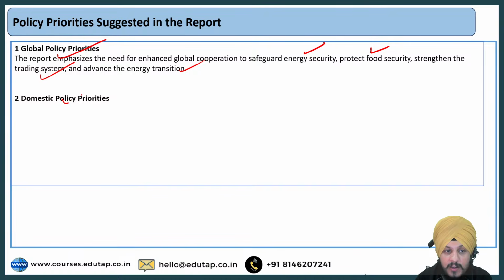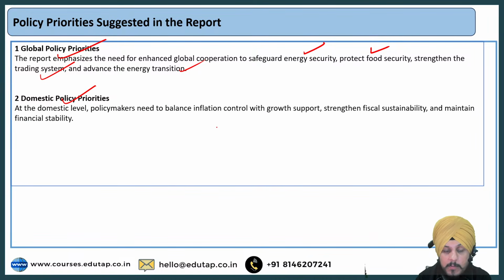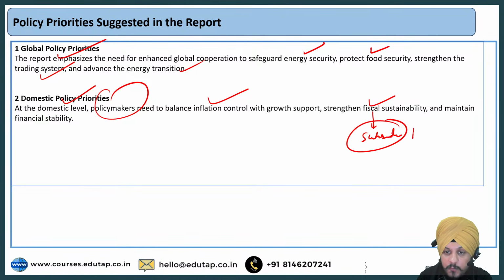Apart from that, we need to strengthen the domestic priorities too. At the domestic level, policymakers can balance inflation and growth, and they need to strengthen fiscal sustainability in order to support subsidies that are going to increase in the near future, and maintain financial stability. Lastly, structural priorities too, especially for emerging markets and developing economies.